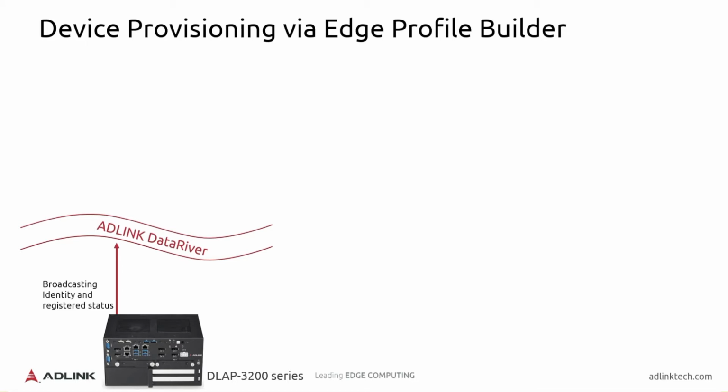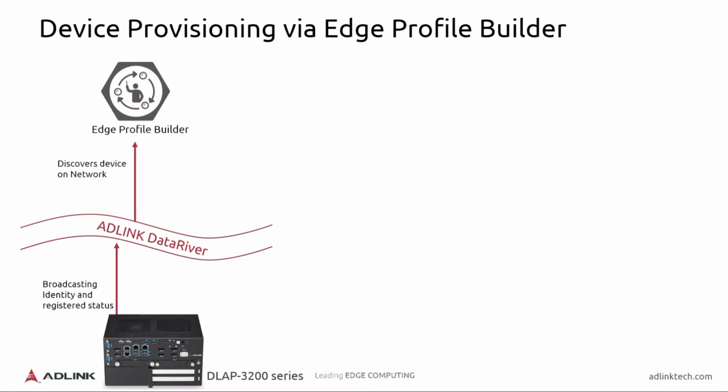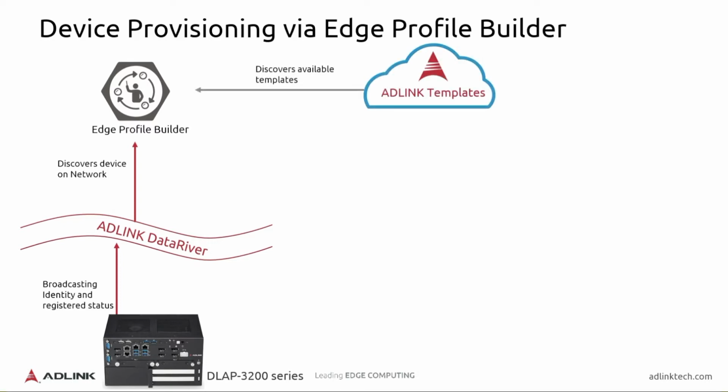And why we care about that is we have a tool called Edge Profile Builder. Edge Profile Builder has a vast array of functionality, and I will show you a live demo of all of this shortly. But what Profile Builder does, it discovers a device on the network. And then we have a couple of options. We can apply one of our ADLINK templates, so demos that show you simulated Modbus and vibration data.